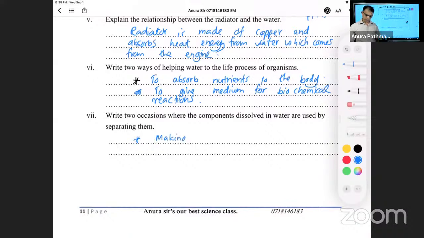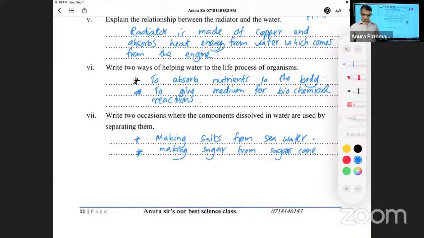Making salts from seawater. Next, making sugar from sugar cane.